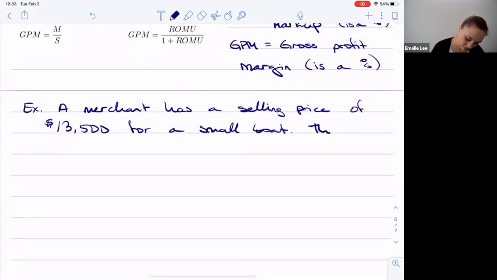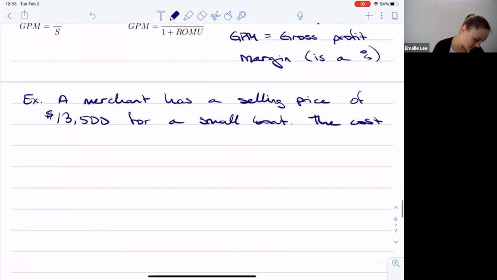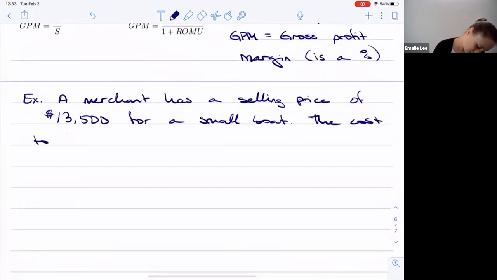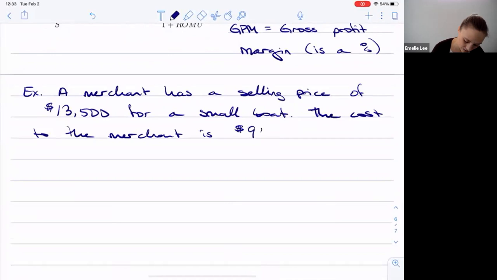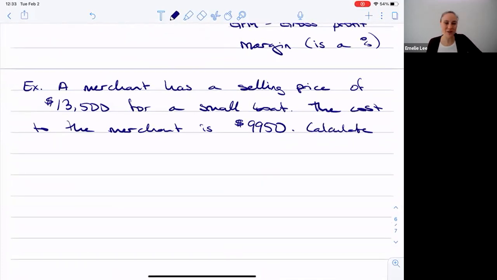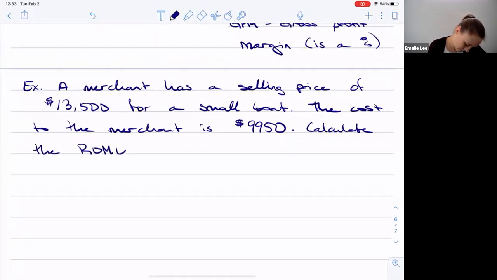The cost to the merchant is $9,950. Calculate the raw mu and the GPM, the rate of the markup and the gross profit margin.